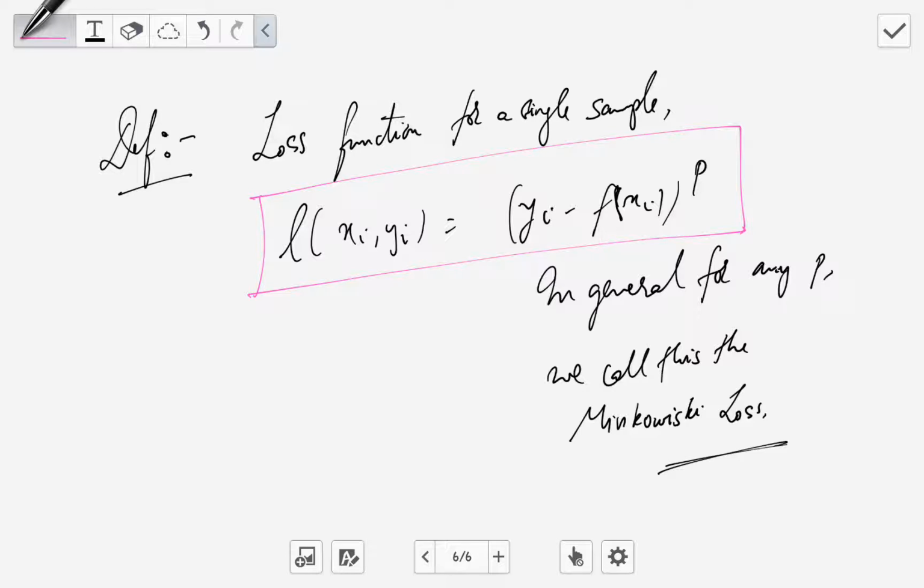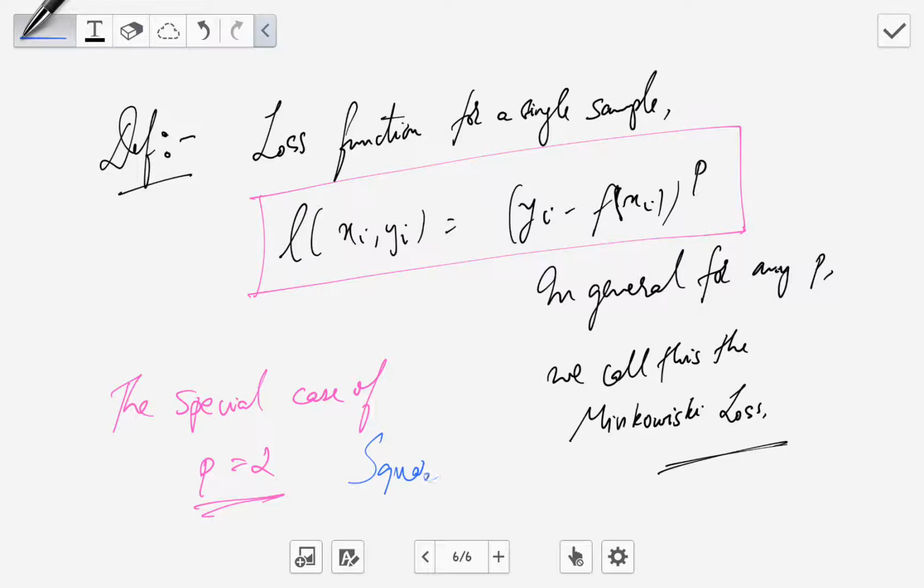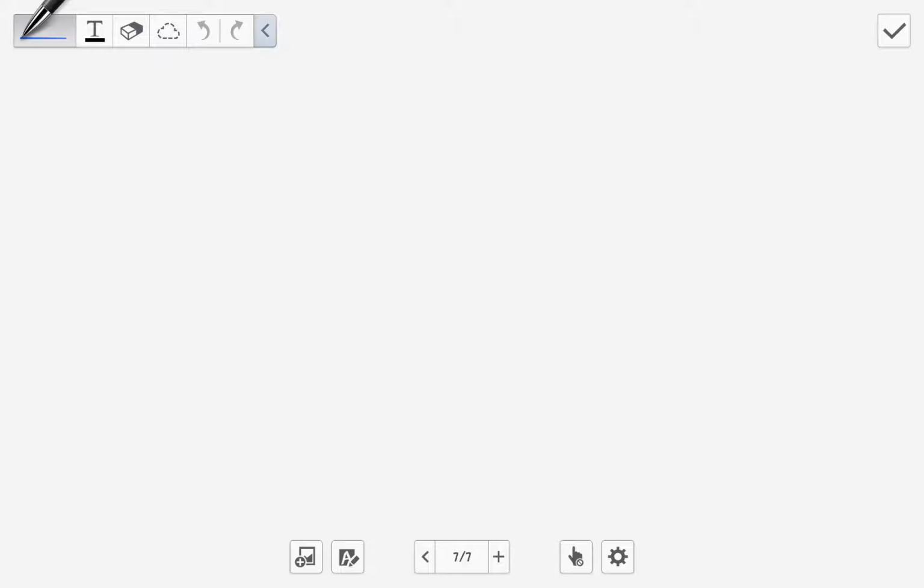Now for the special case of p equal to 2, we call it squared loss. Let us for now only discuss squared loss, and then also see other kinds of losses as we progress. So L of x, y is defined as y minus f of x, whole squared, for squared loss.